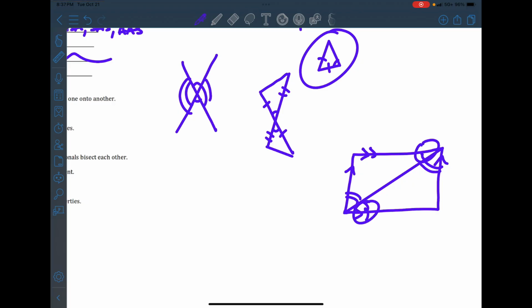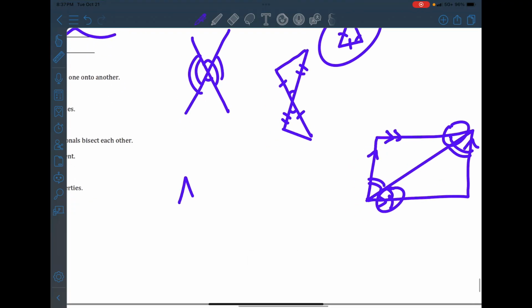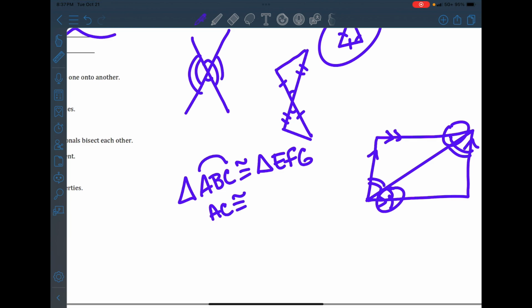So know that. Also, a congruence statement: if I have triangle ABC is congruent to triangle EFG, then A goes with E, B goes with F, C goes with G. So if I said side AC is congruent to what? Well, AC would have to be congruent with EG.